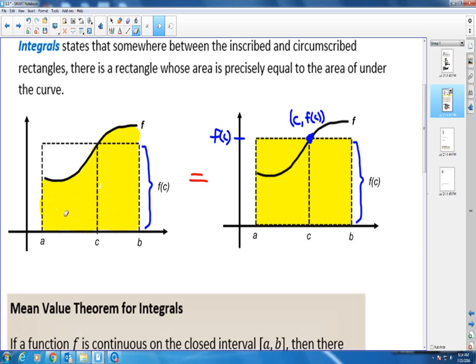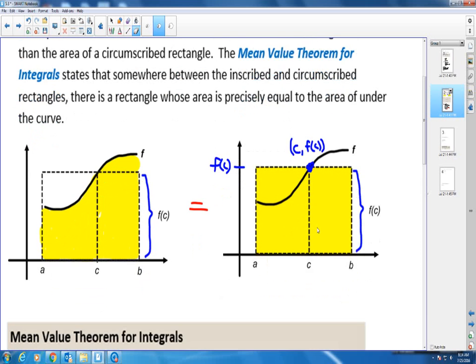That's 48 already. So if you think about over here, this whole thing under the rectangle is also going to become 48, based on what the mean value theorem says.